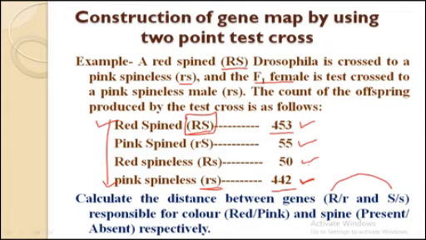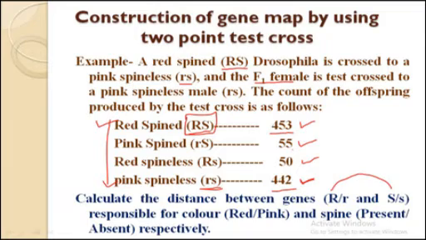So when the number of progeny is higher than all the other offspring, then they are definitely parents. Out of all these four offspring, 453 and 442 are large numbers and they are definitely the parental types. 453 have a red spined body, and the pink spineless are 442 in number.